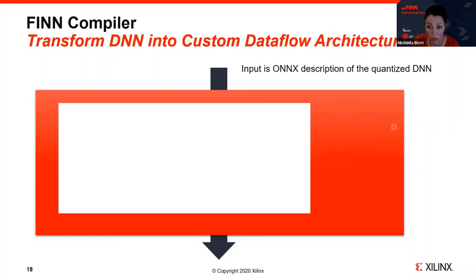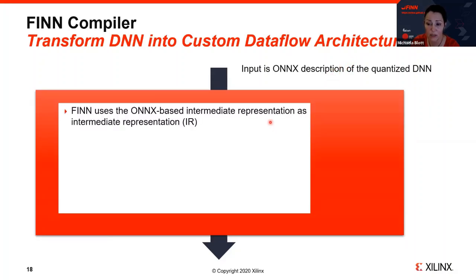So it gets the model from Brevitas in the previously mentioned ONNX representation. By the way, we use ONNX not only as input for the FINN compiler, but also as intermediate representation, or IR for short, during the individual steps of the FINN compiler. The FINN compiler itself is a library consisting of graph transformations which operate on the ONNX IR of the DNN.